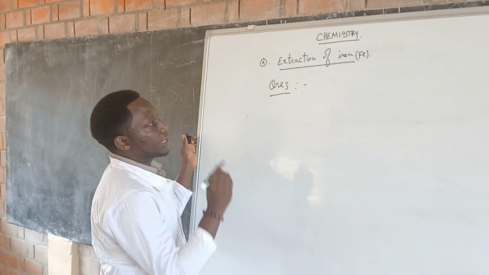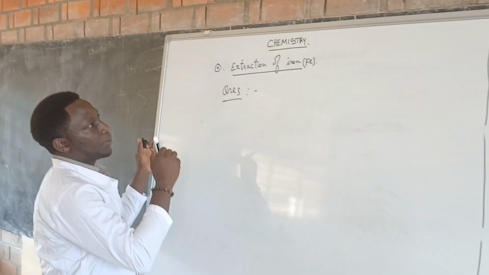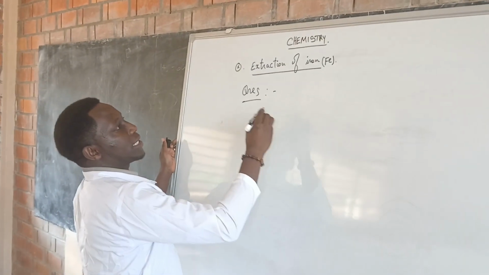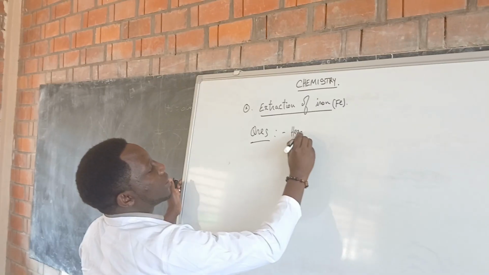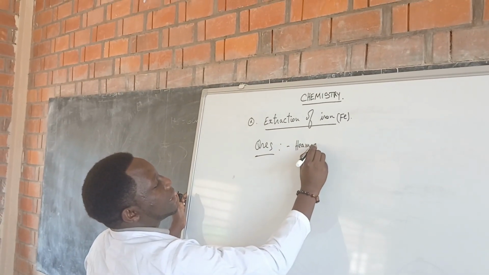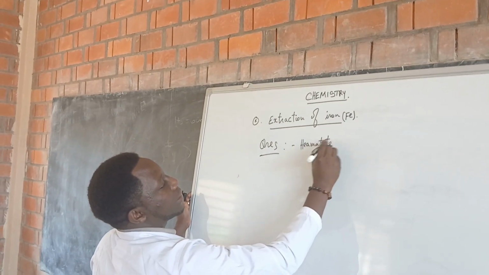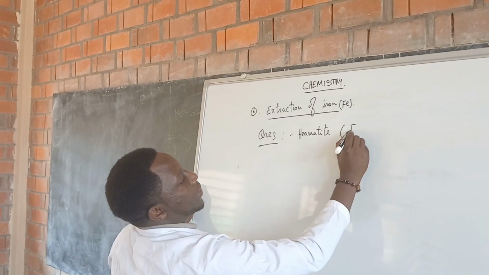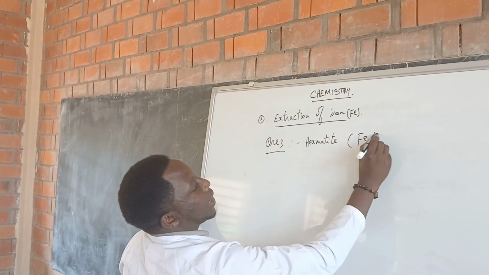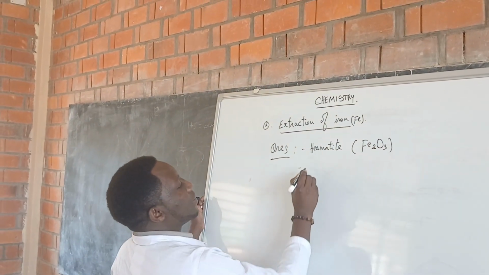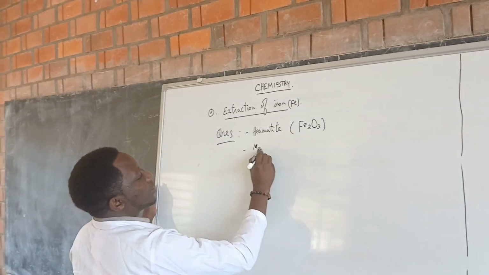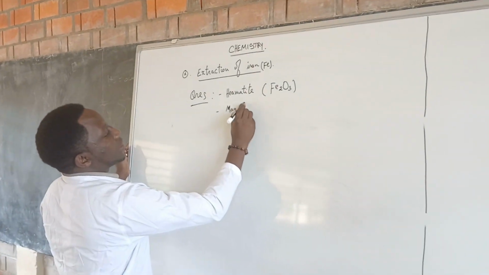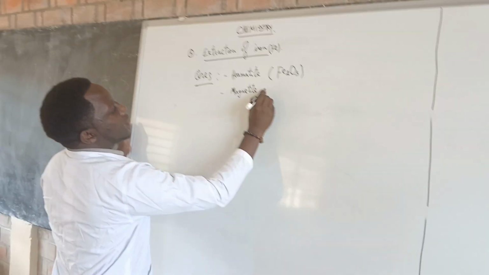The first mineral from which we extract this iron is called hematite, which is iron 3 oxide. We have another called magnetite.